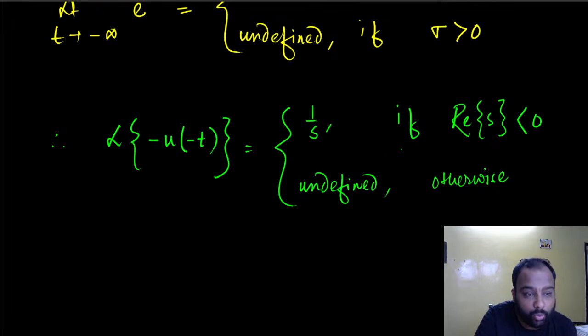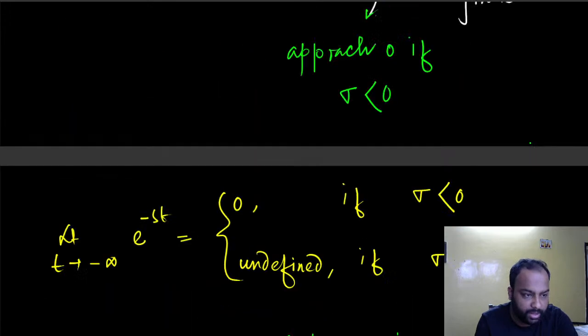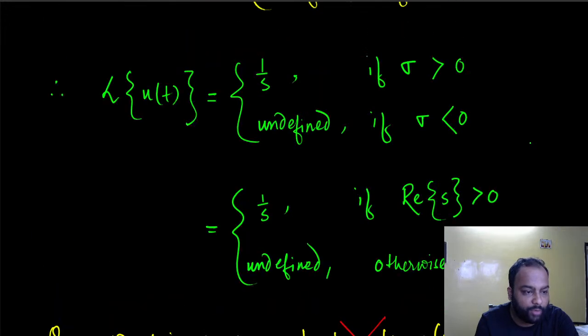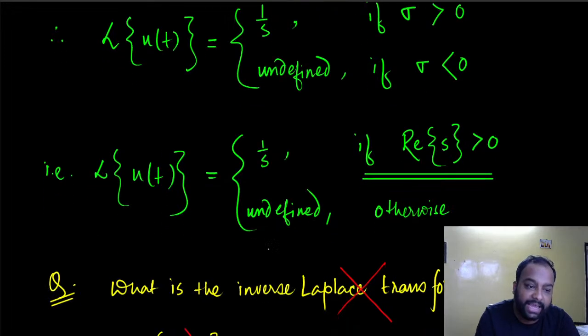The condition for which this Laplace transform exists is that the real part of s should be negative. Then only this Laplace transform exists. And the Laplace transform of u(t) exists and is equal to 1 by s if the real part of s is greater than 0.